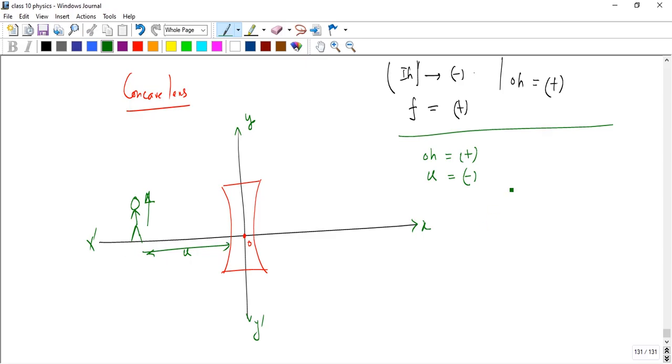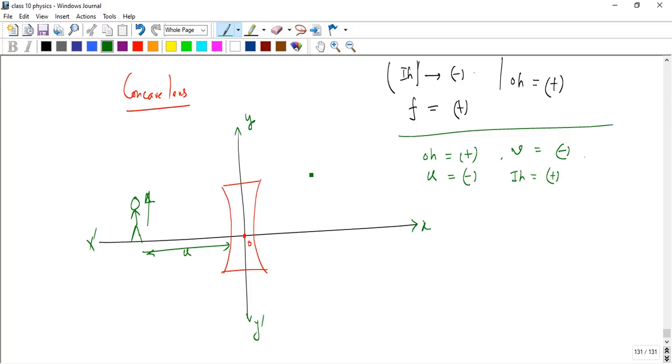Now v, which is very important. In this case the image is always virtual and upright. Virtual means the same side, so v is always negative, but the image height is positive.